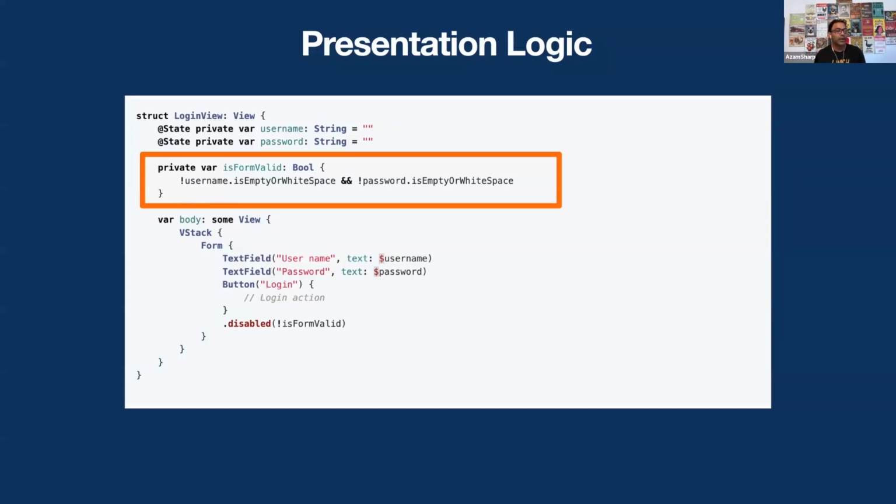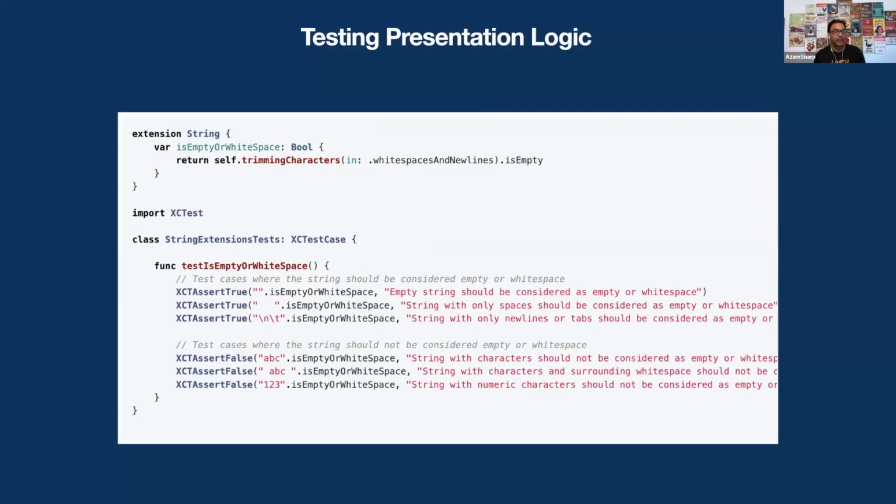That has nothing to do with business logic. A business logic will be I cannot apply two discount codes, or if I apply one discount code, then one will be 10%, other will be 20%. This is just a very simple presentation logic. So I would just put the presentation logic, since I don't have any view models left, in the view itself. I can test it out. I mean, I can just write a test for is empty or white space.